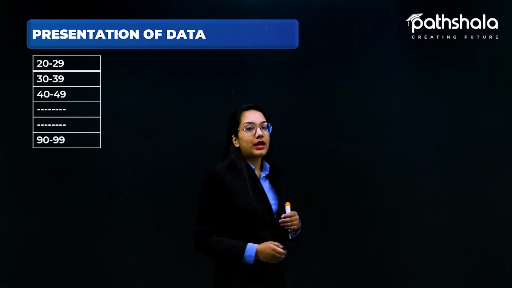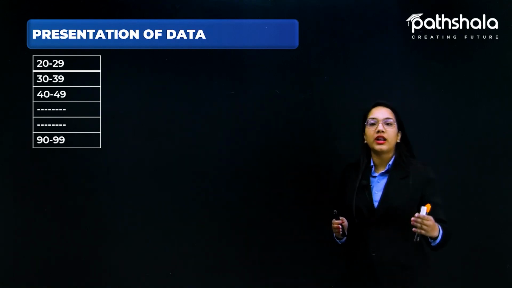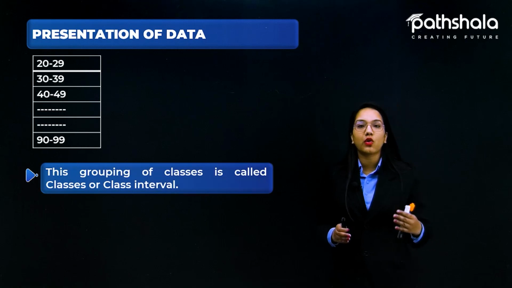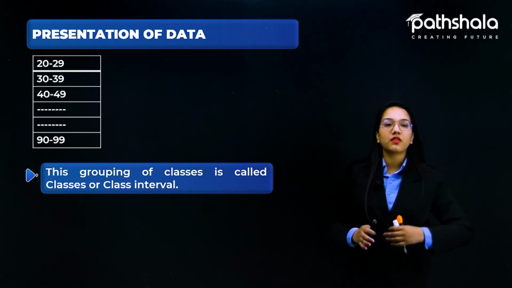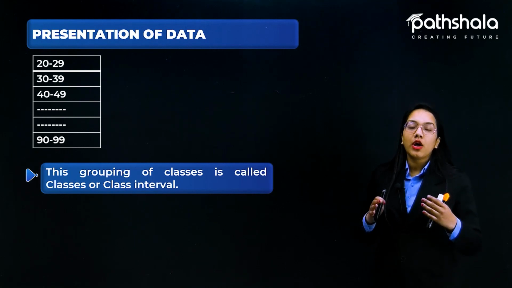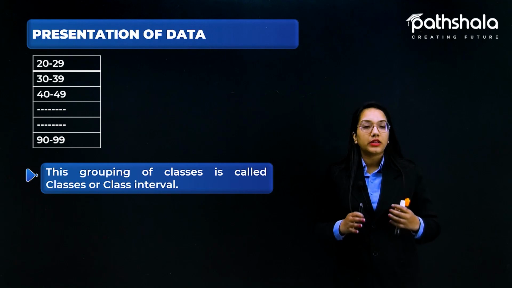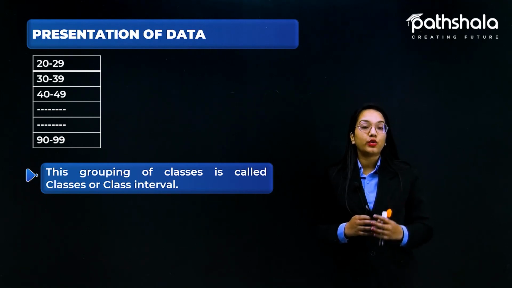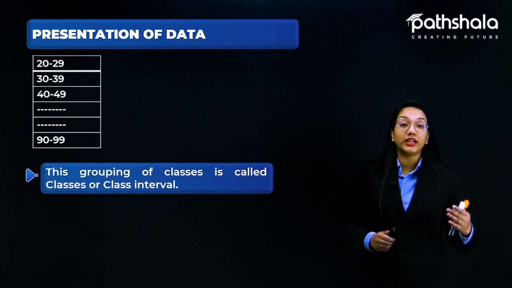Now you can see I have taken the intervals as 20 to 29, 30 to 39, 40 to 49. This grouping is called the classes or the class intervals. Whenever we have such bigger data, we always have to group it into classes, called class intervals.